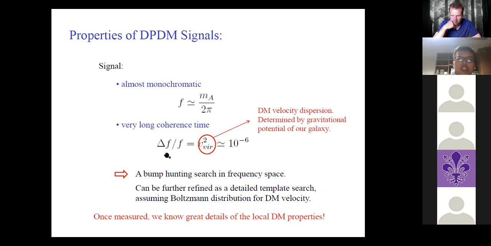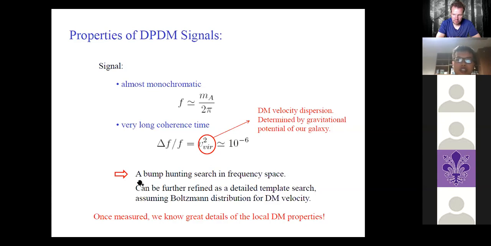That means the intrinsic width of the signal is very small and is determined by the dark matter velocity dispersion. And the dark matter velocity dispersion is determined by the gravitational potential of our galaxy. And by using these two properties, we can do a bump hunting search of the signal in the frequency space.